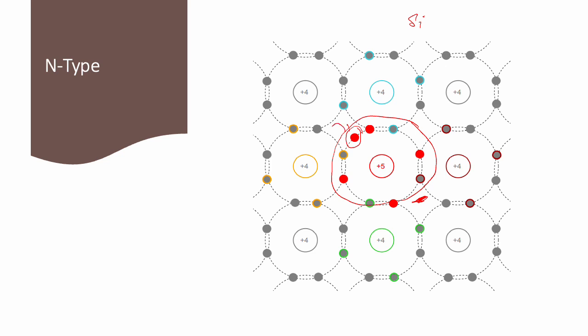The presence of these extra loosely bound electrons in the silicon lattice results in a surplus of negative charge carriers, making the n-type silicon an electron-rich material. And these electrons are called majority carriers.